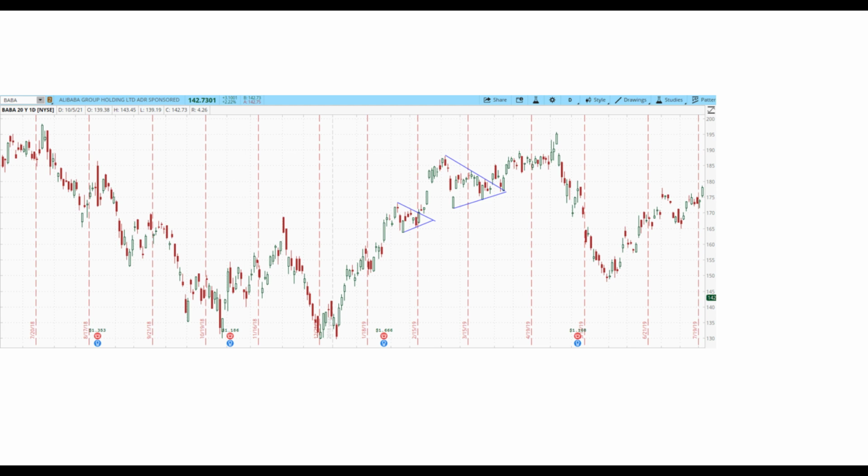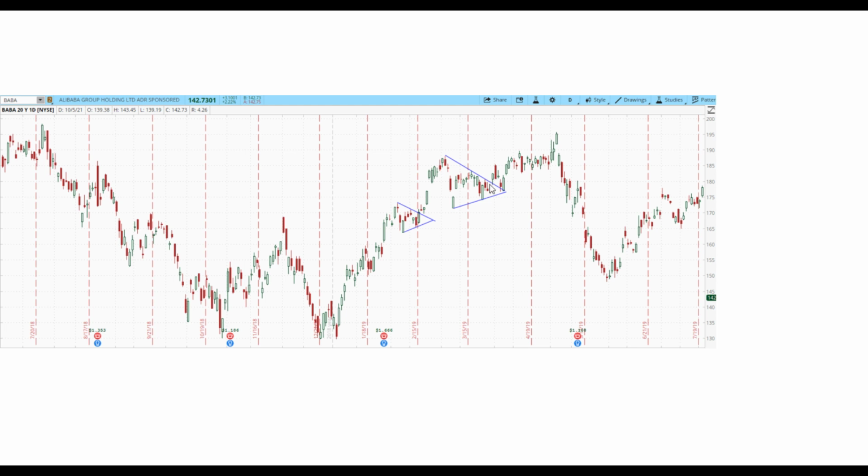Now, I would like to note, as you can see with this example, a lot of times, not all the time, there are two ways to take advantage of the wedge pattern. One is the breakout, and this actually goes for many patterns. The next way is to get the retest, and then take the retest up.